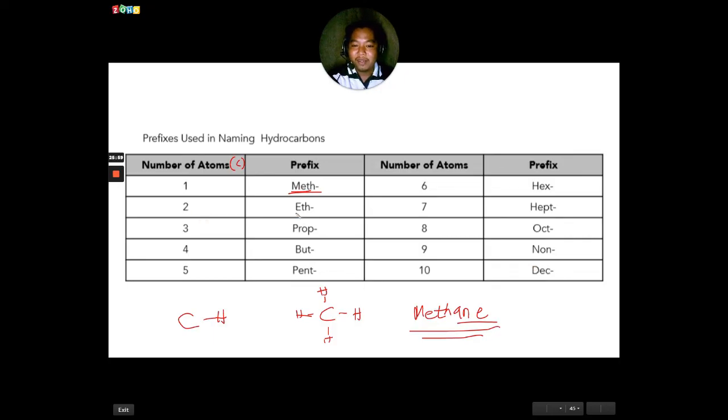For 2 naman, we have eth. So, let's check what the ethane looks like. Eth would look like this one kasi may dalawang carbon. So, we have to place 1 carbon. Ilang hydrogen ang kayang kumabit, or ma-attach kay carbon? We will only have 3. Why is that?